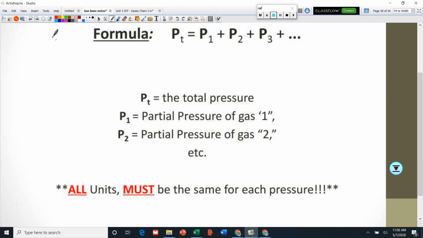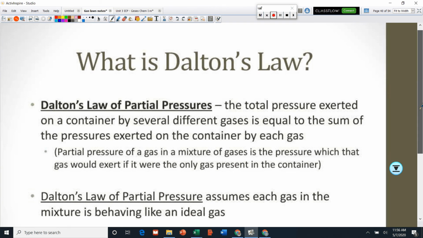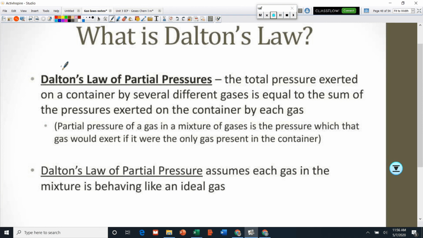Again, all of the units of pressure must be the same. And Dalton's partial pressure assumes that all of the gases are going to act as ideal.